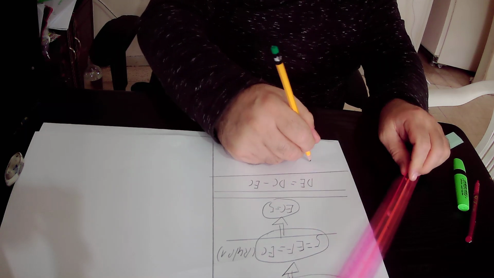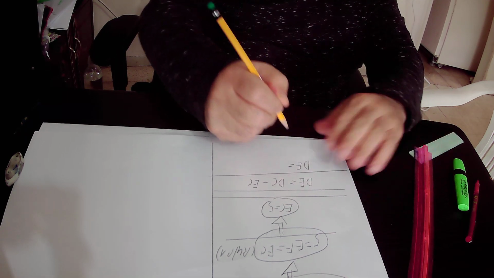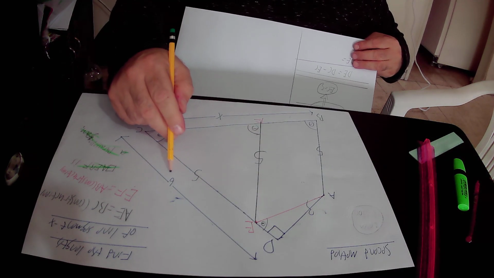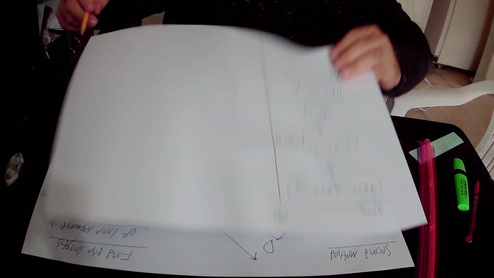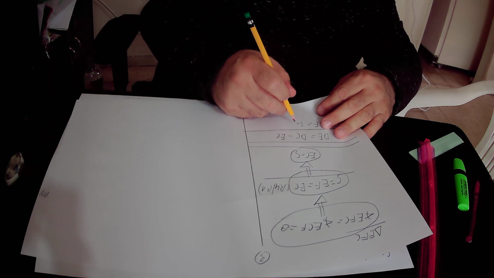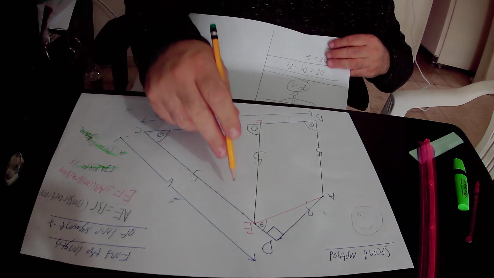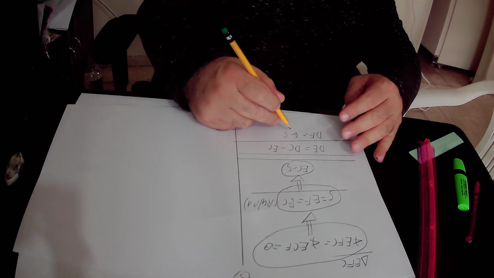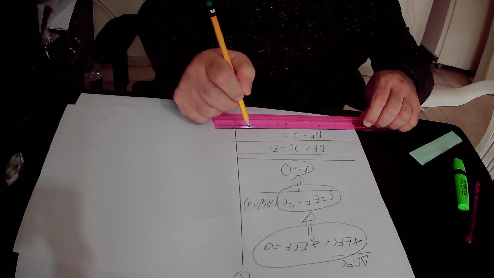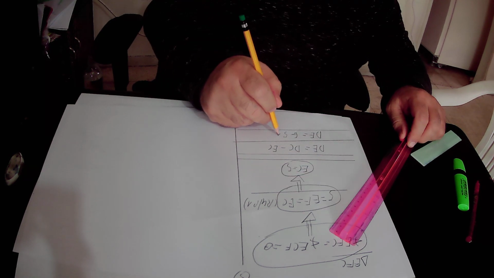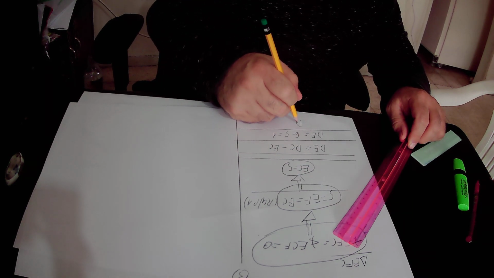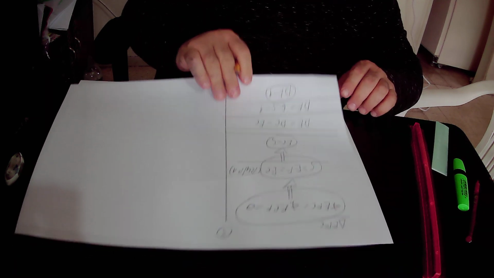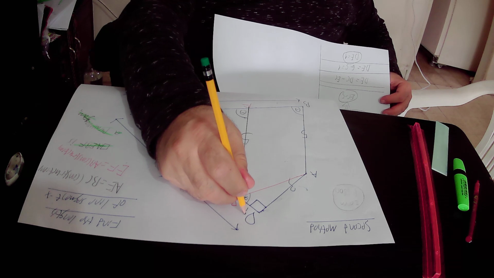So actually DE equals DC, which is 6 units according to what is given in the question, minus EC, which equals 5 units. So in conclusion, we found out that DE equals 6 minus 5, that is 1. So DE equals 1 unit.